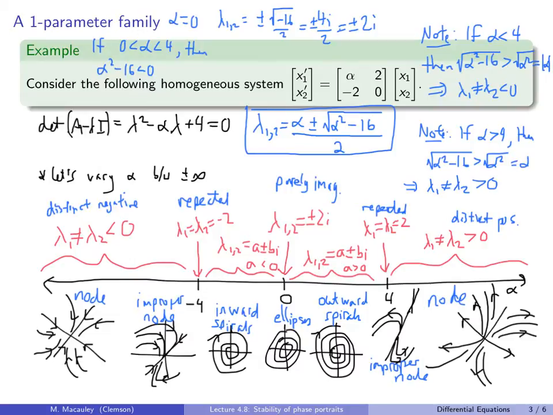And then the same thing here, as we get to -4, the spirals turn into an improper node. And then as we get larger and larger, this one double eigenvector is going to split into two eigenvectors. Just to the left of it they're almost on top of each other, but then they pull farther and farther apart, and all of the phase portraits in this range are nodes where everything limits toward the origin.